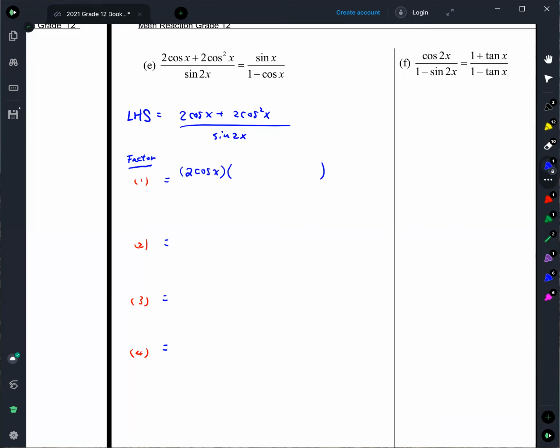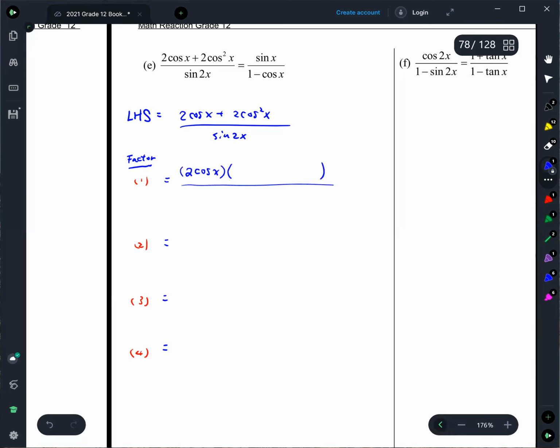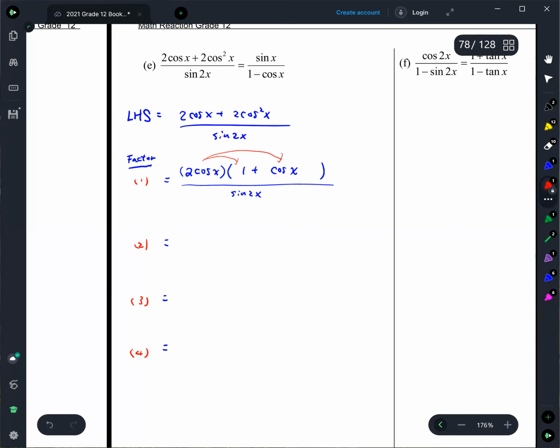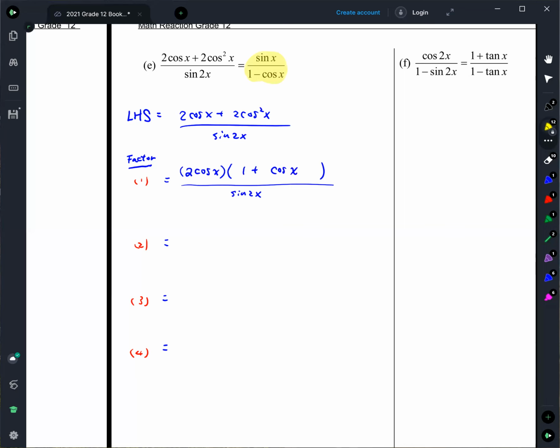Then what's left after you factor out? Claire? 1 plus cosine x. Very good. You can check if you factored right by multiplying back in; you should get the previous line. Now if we look at our goal, the right-hand side, we want 1 minus cosine.